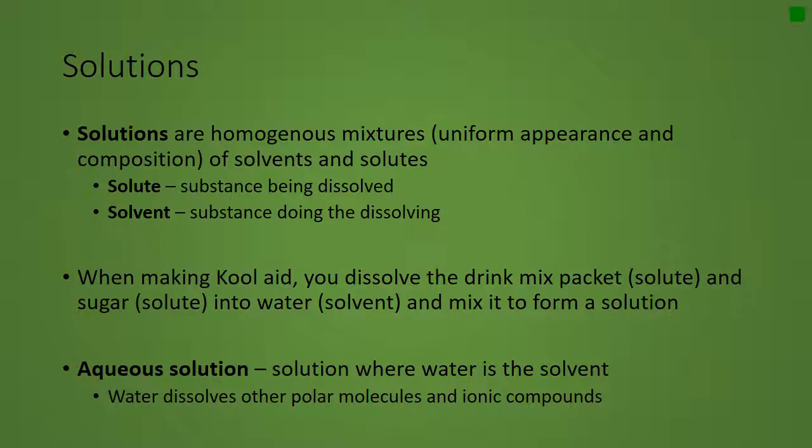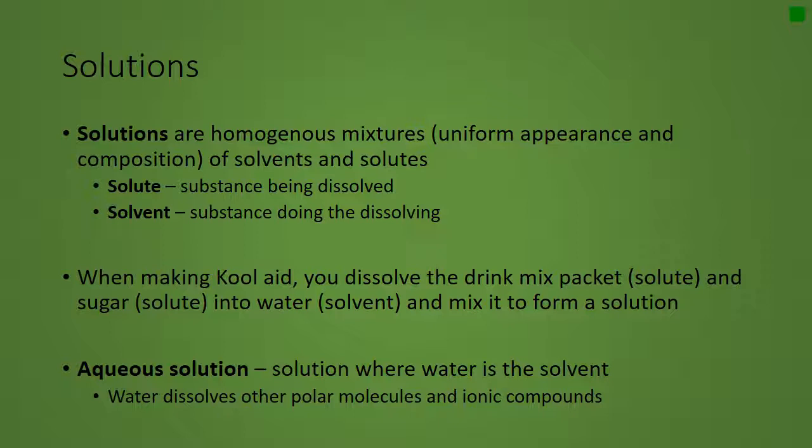By definition, a solution is a homogeneous mixture of at least one solute and one solvent. The solute is defined as the substance being dissolved, and the solvent is the substance doing the dissolving. The solvent is almost always there in a larger amount than the solute, but it's not mandatory.